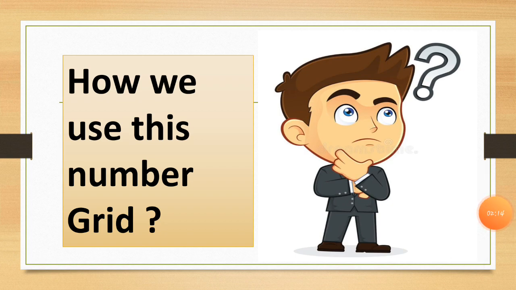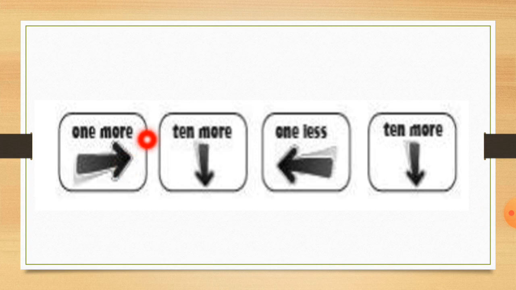Okay students, I will show you some arrows, some shortcut keys to remember, to know how to move in the hundreds grid for subtraction or addition. So let's see the arrows. Here is the arrow, you can see through this red dot, plus one. If you want to add one to a particular number, you just move one step. Understood this?